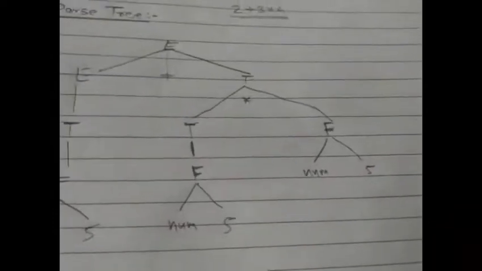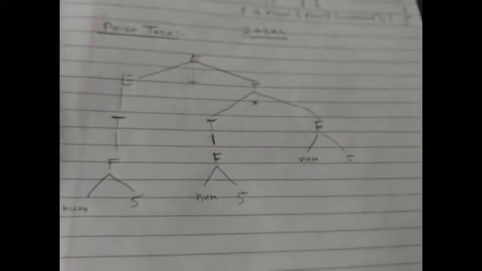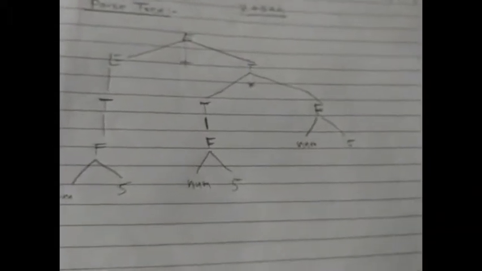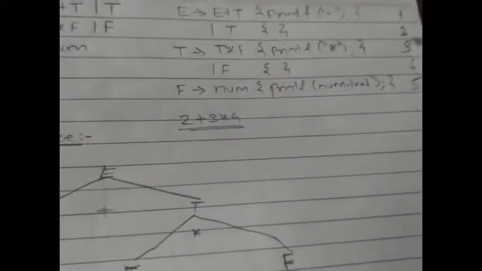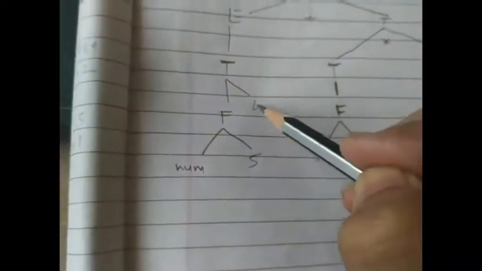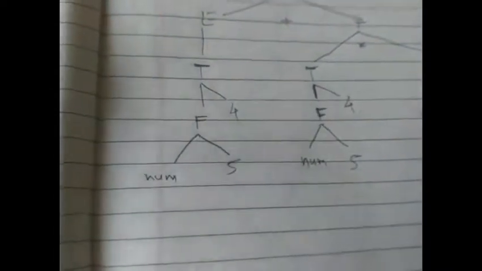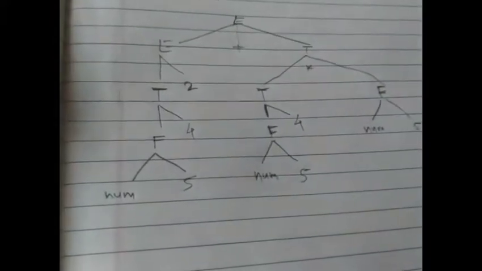In this way we have applied the given productions. Here T derives F, what is that? T derives F is do nothing. So we can have T star F or do nothing, that is fourth. Here also T star F and fourth. Here also E derives T, which is do nothing, so the semantic action associated is 2.